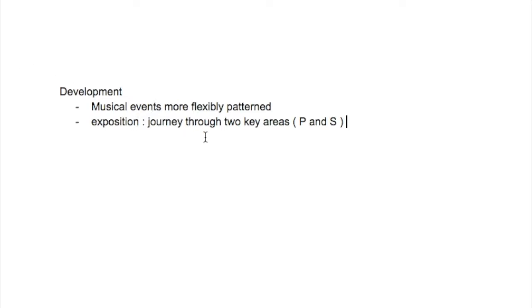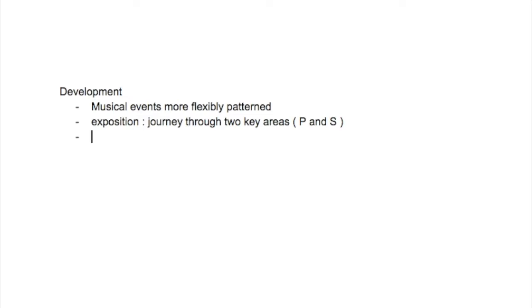The two key areas are the ones that we call primary and secondary in the exposition. This is almost always going to be true in every sonata form movement. However, in the development section, it can be very different from one sonata to another.